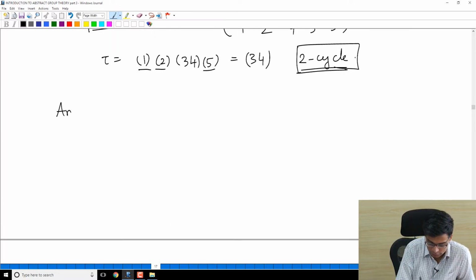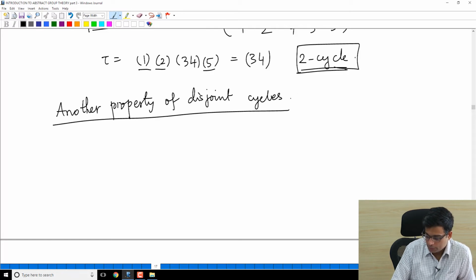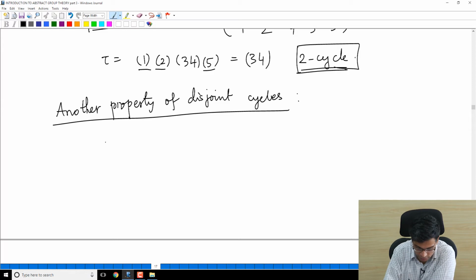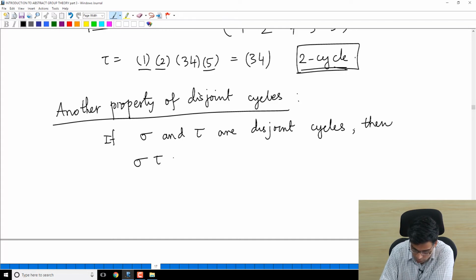Another property of disjoint cycles, which is also clear, is that if sigma and tau are disjoint cycles, then sigma tau equals tau sigma, that is, in words, sigma and tau commute with each other.